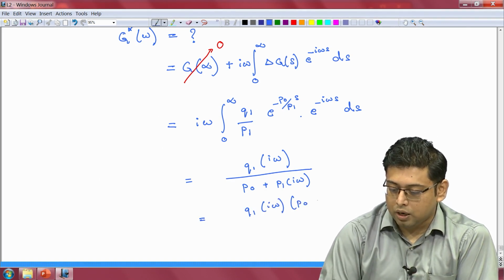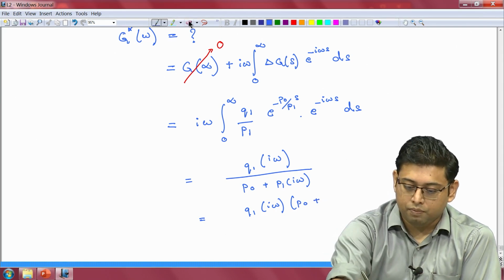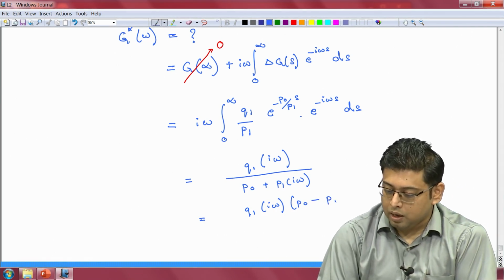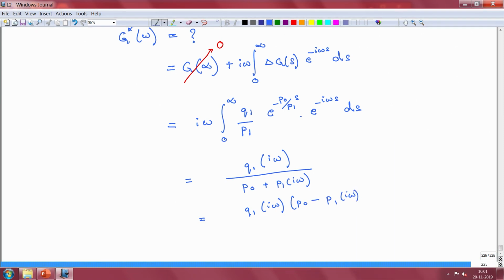So, you have P naught minus P 1 I omega, and in the bottom you are going to multiply the conjugate with the original term, and what you are going to get is P 0 squared plus P 1 squared omega squared.